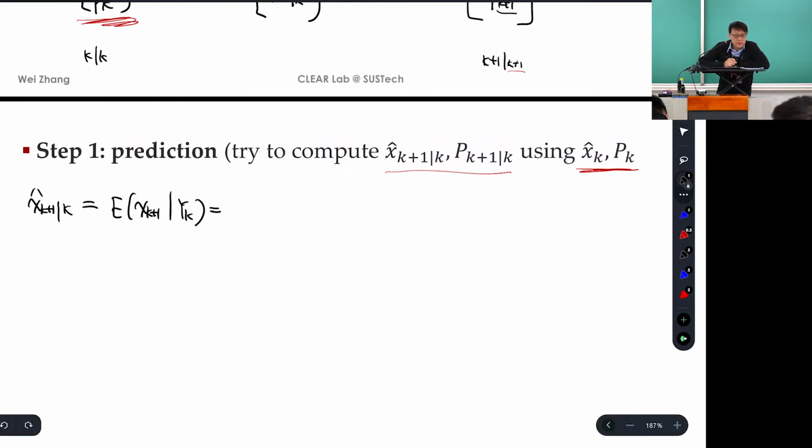How do we compute this? We need to relate k plus 1 with k. That will be A x_k plus B u_k plus w_k, given capital Y_k. I dropped the index for A, B; they're deterministic, and whatever those indices are, it doesn't affect our derivation.